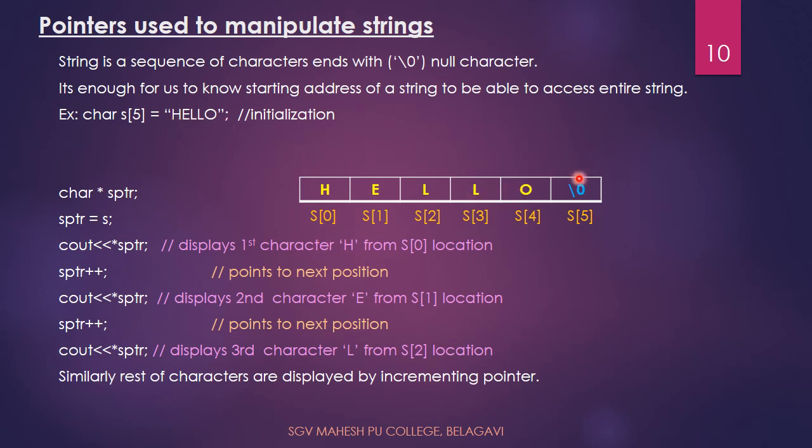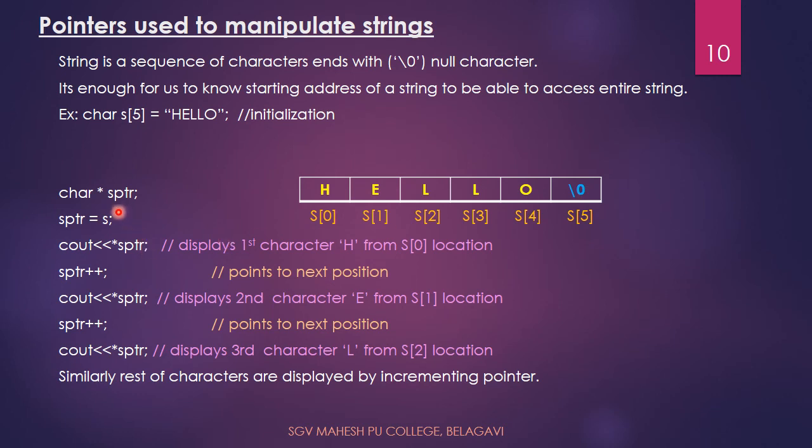If you look at this diagram, your values are stored as s of 0, s of 1, s of 2, 3, 4 and 5. If you look at the last value, it is assigned as null. When I say null, that means the entire string gets over when I come across this null value.